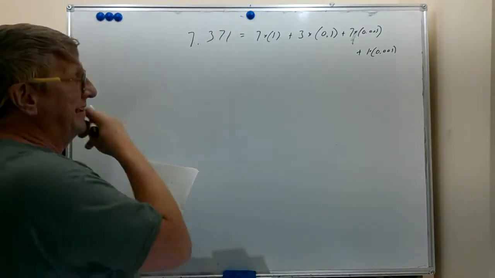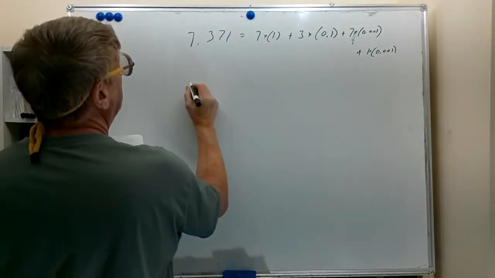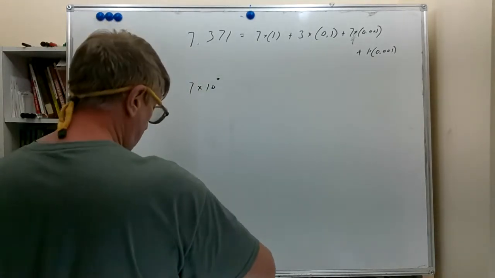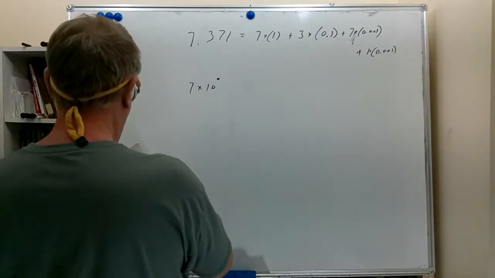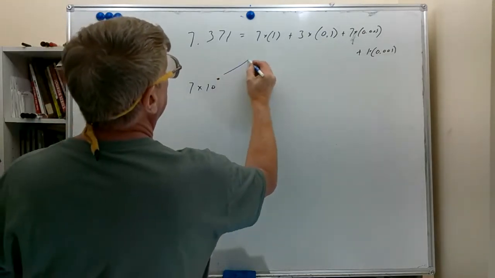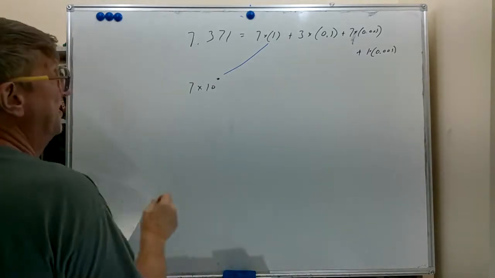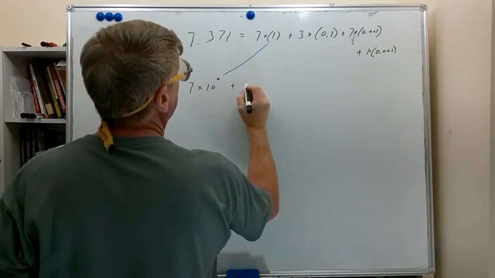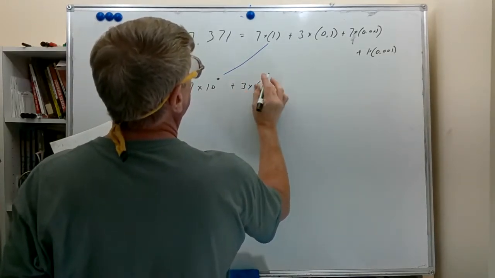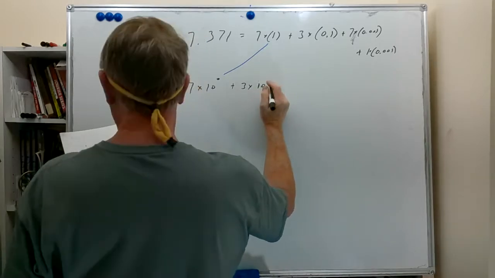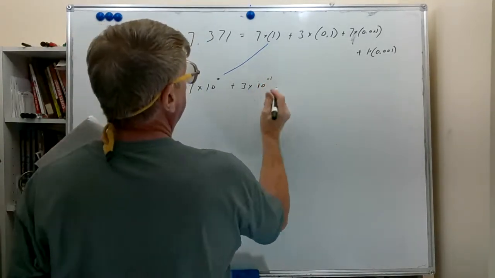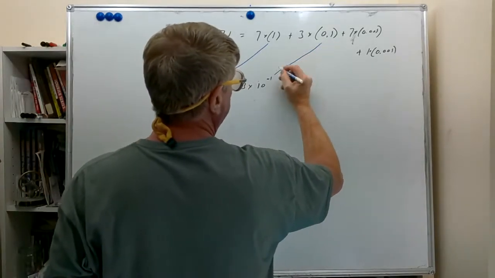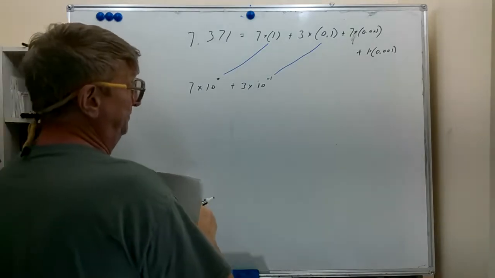Another way we could write this same number, we could go 7 times 10 to the 0 power. And here we've matched that 10 to the 0 power up with that 1 there. Plus 3 times 10 to the negative 1 power. 10 to the negative 1 matches up with that 0.1 or 1/10.